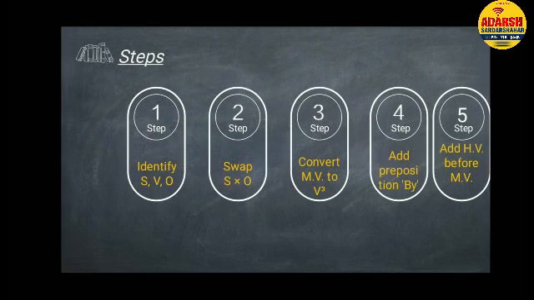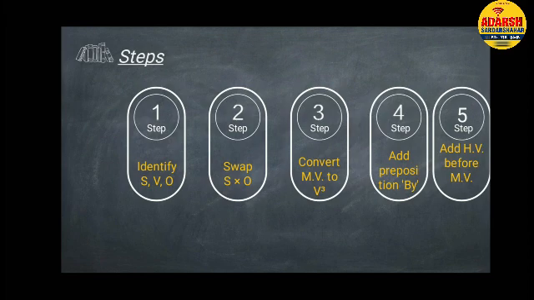Before starting, let us revise all 5 steps. With the help of these 5 steps, we are going to convert our sentences from active into passive. Our first step is identify subject, verb and object. I have explained how to identify subject, verb and object in my second and third videos, so please check them if you need a revision.